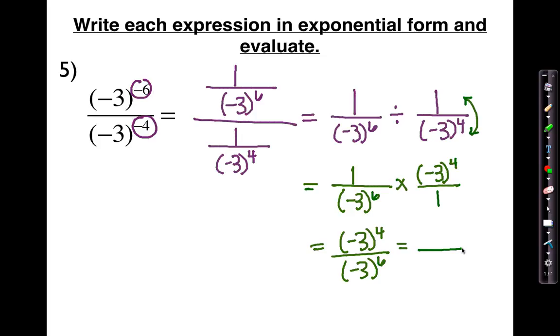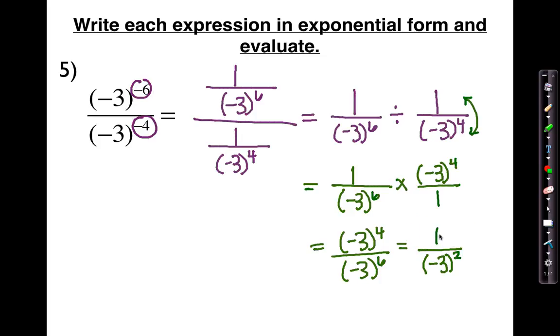Definitely in the denominator. So there are obviously going to be some -3's left in the denominator. But how many will be left? Well, if we have 6 in the denominator and 4 in the numerator, there's 2 more left over. So we're going to square that. But since there is less in the numerator, they will all be reduced down, leaving us with just 1.